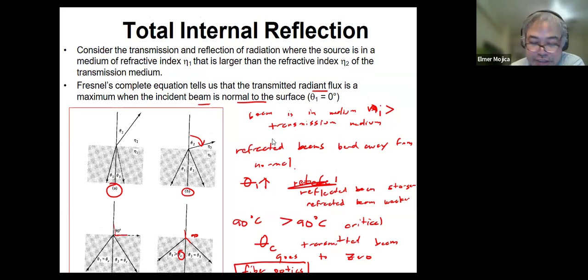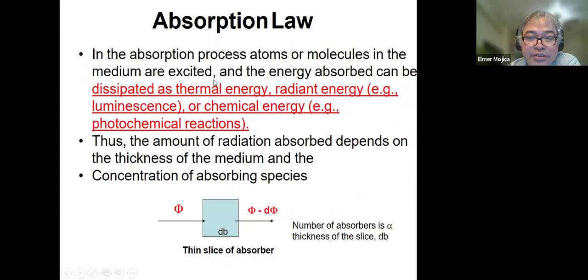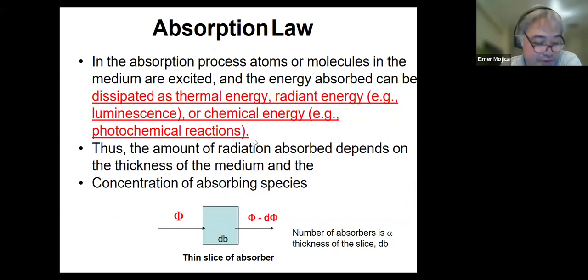In the absorption process, the atoms or molecules in the medium are excited. The energy absorbed can be dissipated as thermal energy, radiant energy like luminescence, or chemical energy if you have a photochemical reaction. The amount of radiation absorbed depends on the total number of absorbers that interact with the beam.